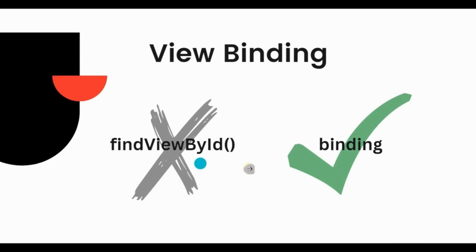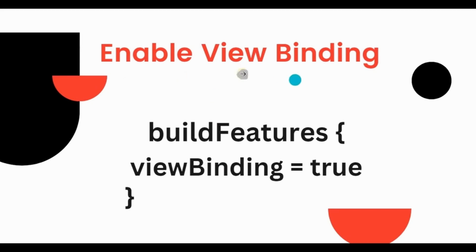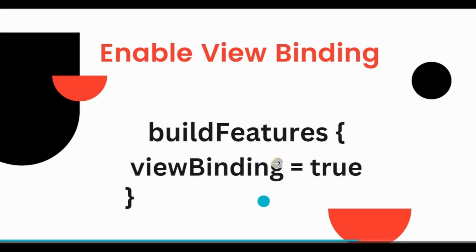And also in findViewById, if we write an incorrect ID or maybe do not initialize it, then it will obviously lead to incorrect view typecasting or a null reference. So to avoid such cases, view binding was introduced. This is how we enable view binding in the Gradle module: buildFeatures, and inside it viewBinding is equal to true.